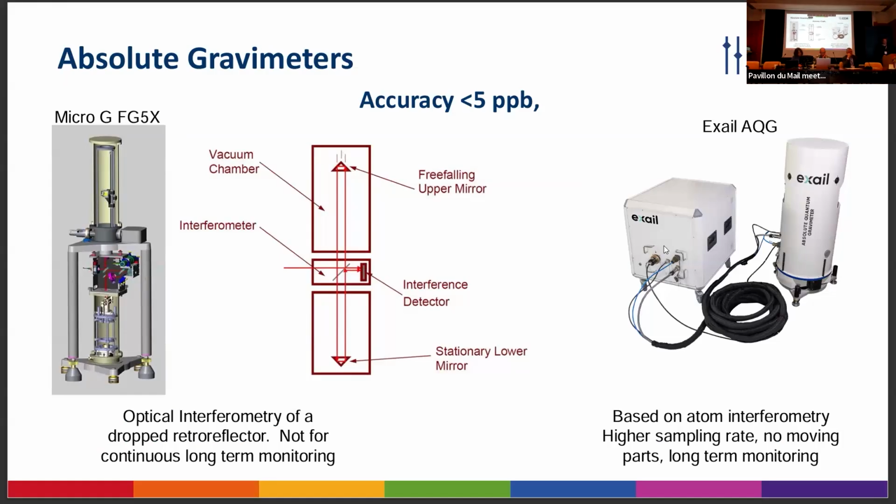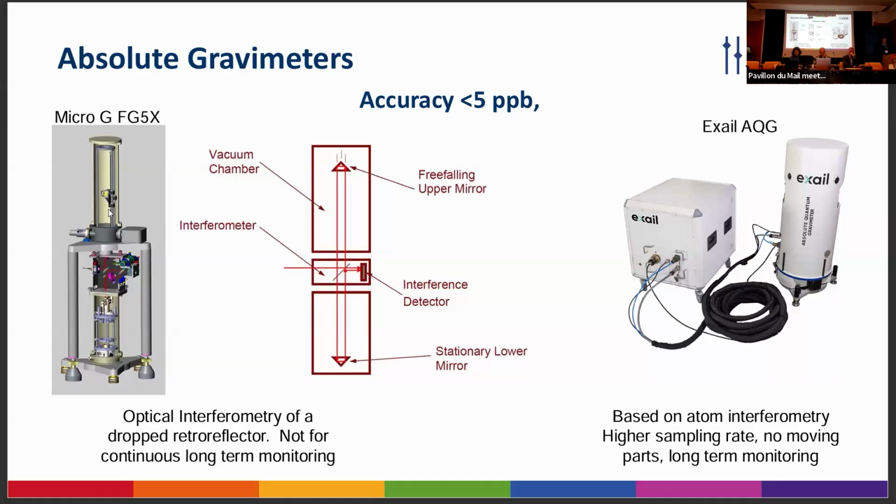And this is a quantum gravimeter, and there are now multiple quantum gravimeters under development. This one uses the free fall of an ensemble of cooled gas and measures the acceleration with an atomic interferometer.